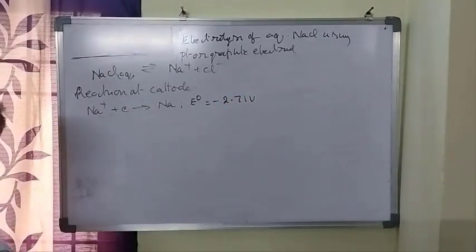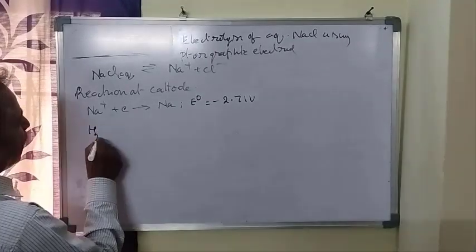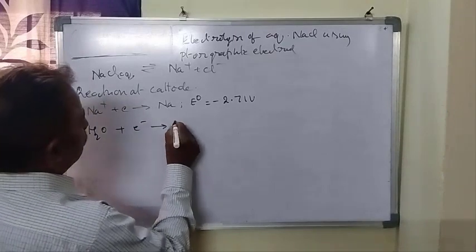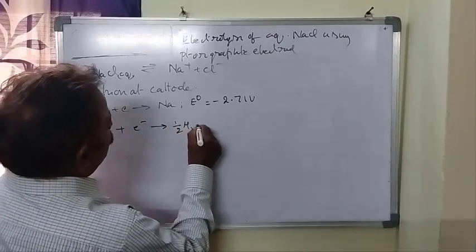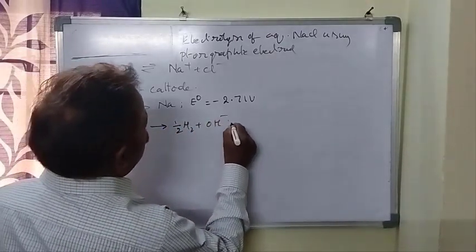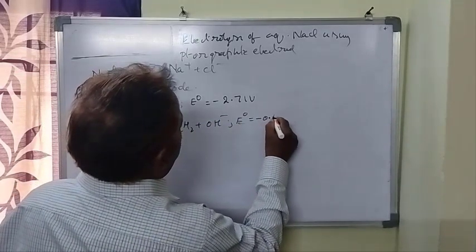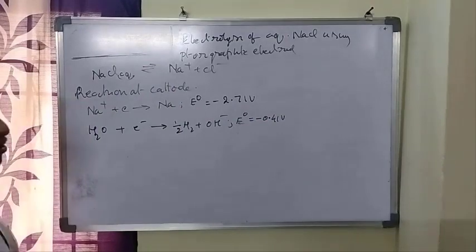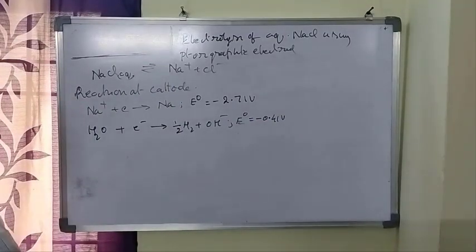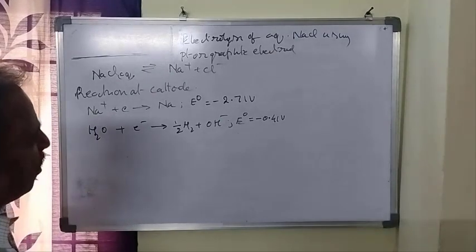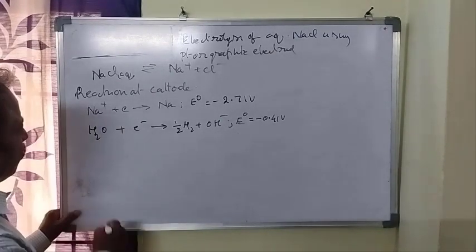The other possibility of reaction at cathode is H2O plus electron gives 1/2 H2 plus OH-. So here E0 electrode potential is equal to minus 0.41 V. We know that the ion or atom with higher reduction potential reduces at cathode.